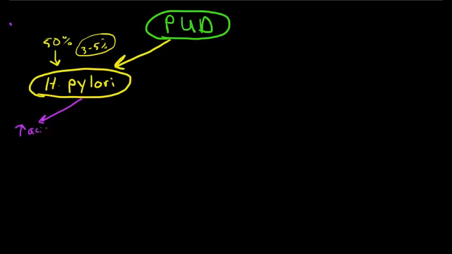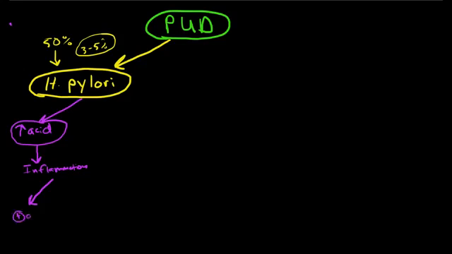Now, H. pylori can infect any part of the stomach, but most of the time it infects the antrum of the stomach, and when it does so, it causes inflammation in the antrum of the stomach, and part of what occurs during that inflammation is we end up with a stimulation of the G cells.